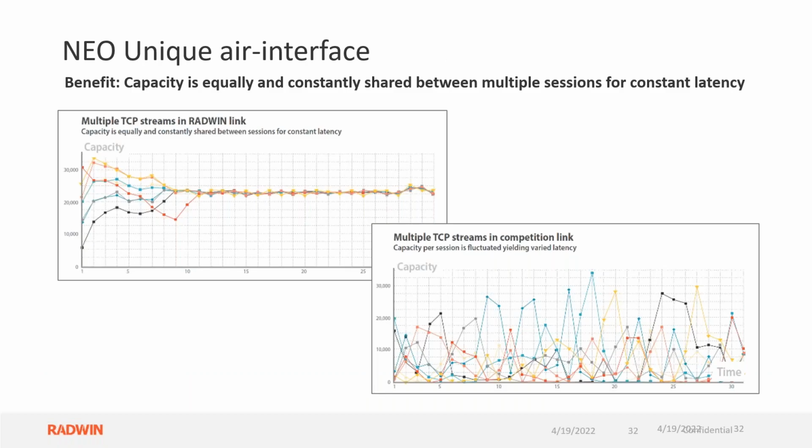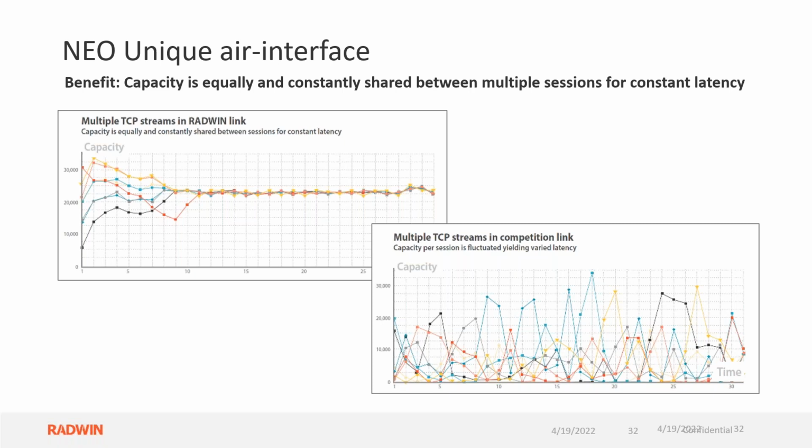This is a sample of what the air interface looks like. If you look at that bottom right display, that chart, you see what happens when you start getting a lot of sessions coming in on a competitor system. What you'll see is the capacity in bandwidth for each individual user, and it tends to get all over the place because there's no management and no control over the system itself.